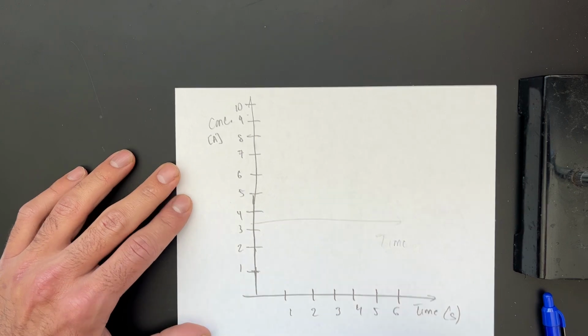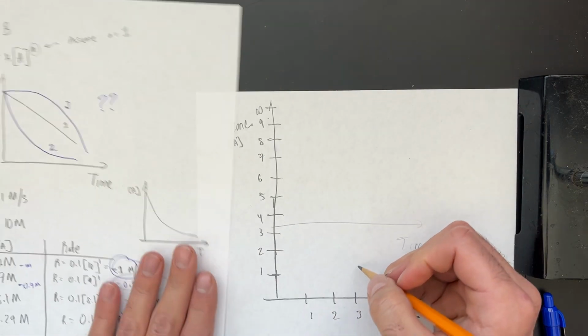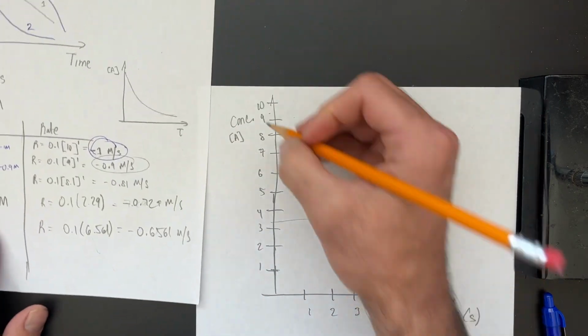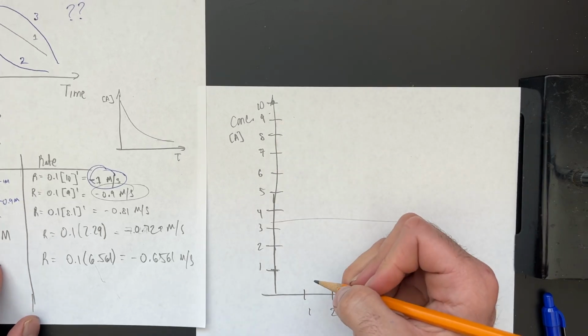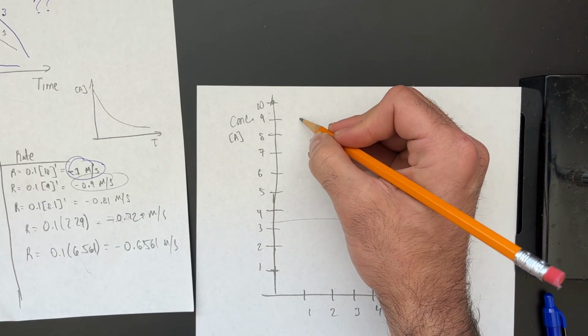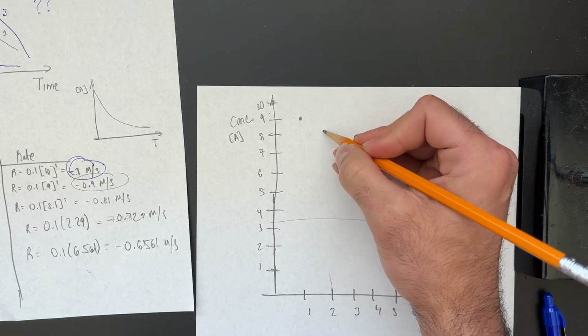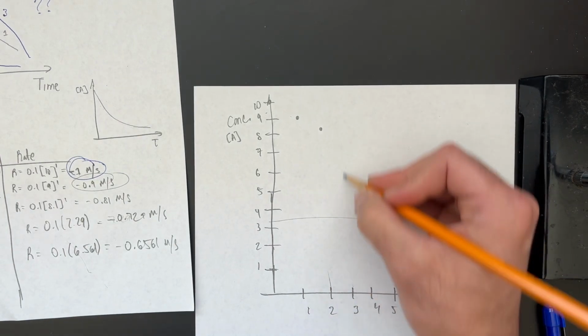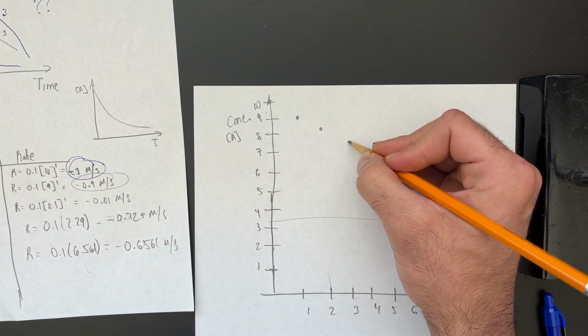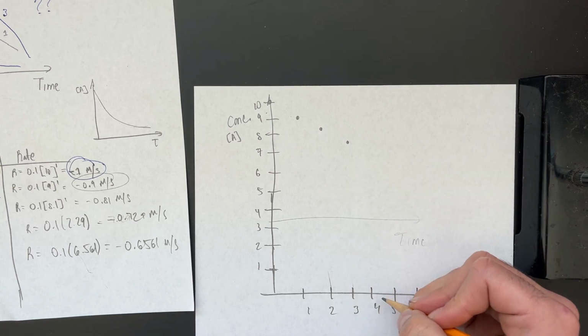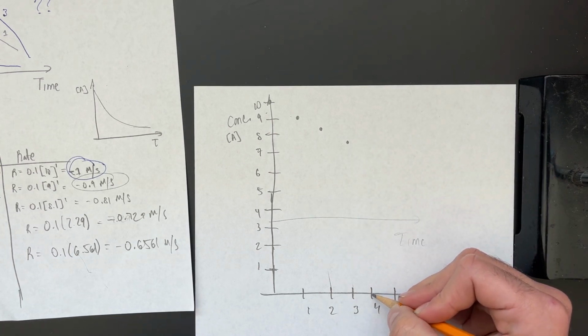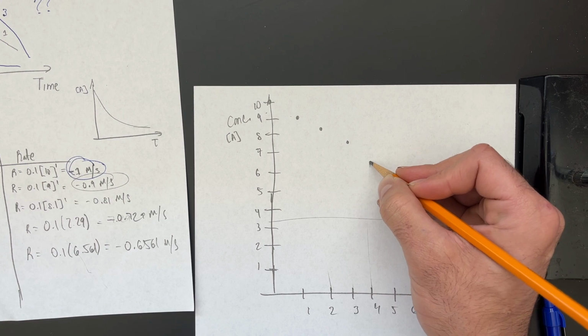What we'll get is we start off, as we mentioned, at time 0 at 10, and so we can put that there. And then at time 1, we are at 9, and then at time 2, we are at 8.1, and then at time 3, we are at 7.29, and then at time 4, we are at 6.5.